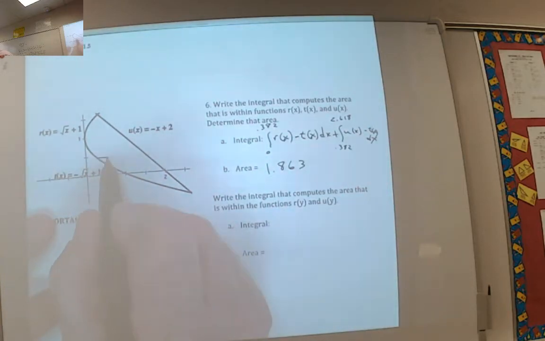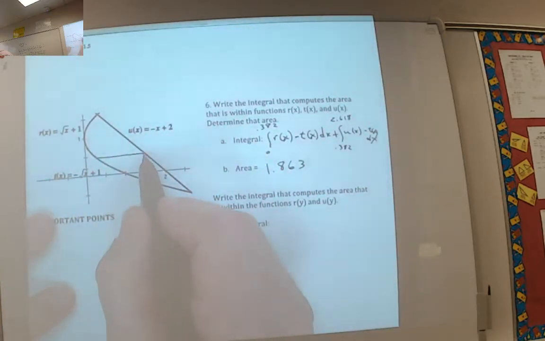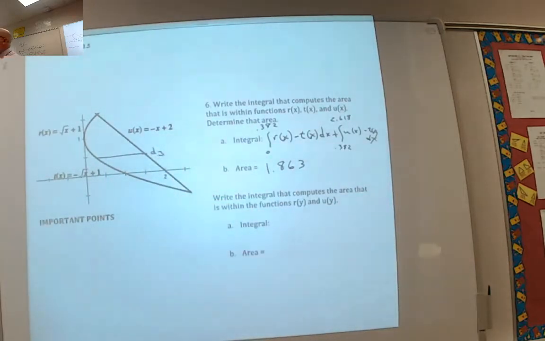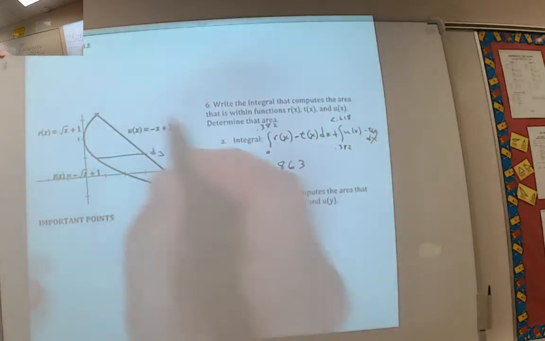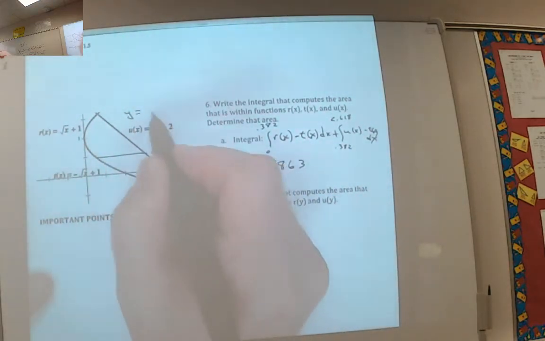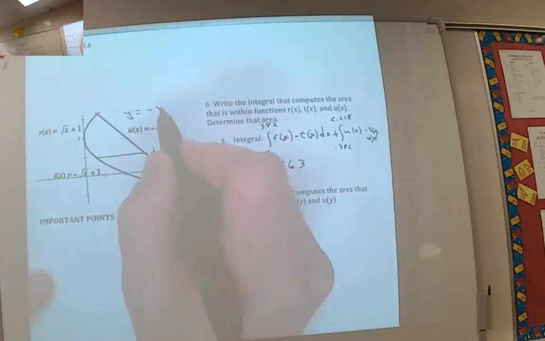So we have a rectangle that's right here. It's dy thick. And Jake, you'll see me do that every time. Okay? And that reminds me that it has to be in terms of y. And so I wrote this, I think, like y equals a negative x plus 2.